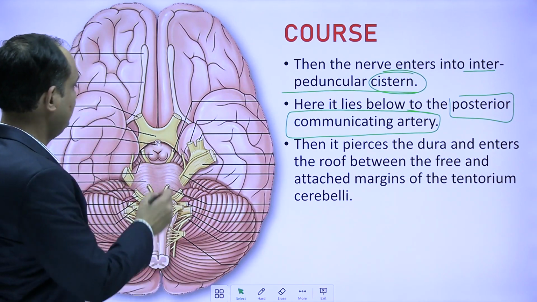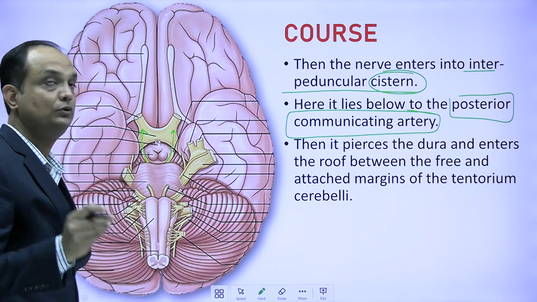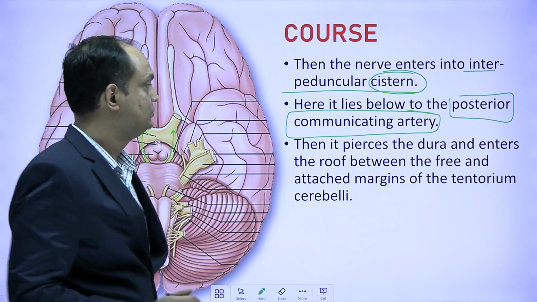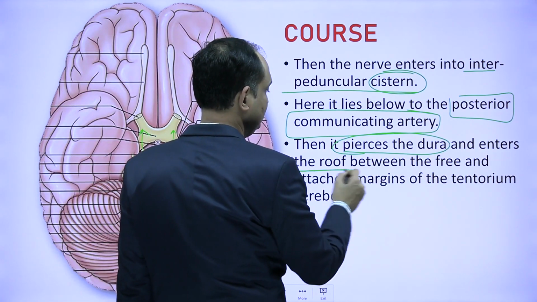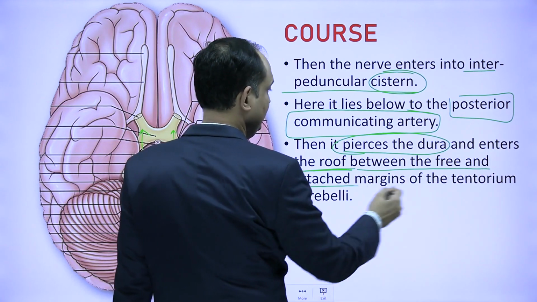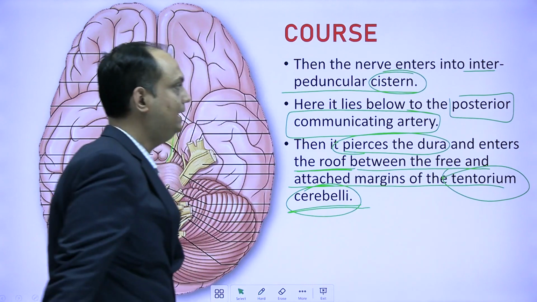Now this nerve will go ahead. Once it goes ahead, it has to puncture the dura mater. So it pierces the dura and enters the roof of the cavernous sinus between the free and attached margins of the tentorium cerebelli. Clear?